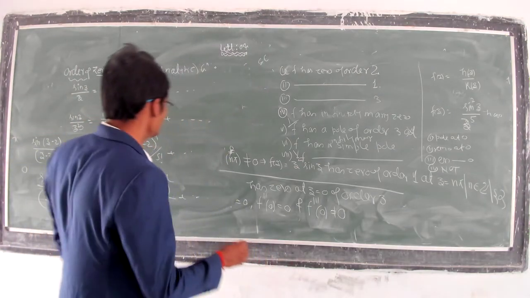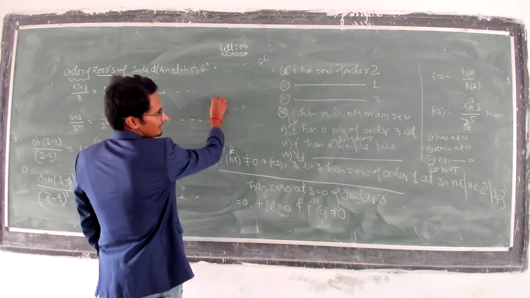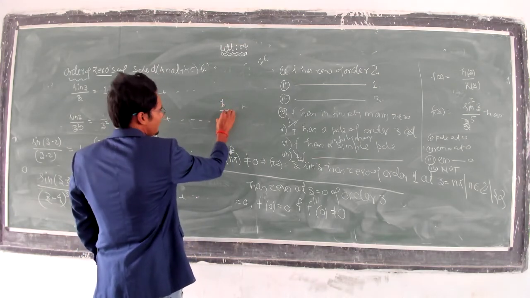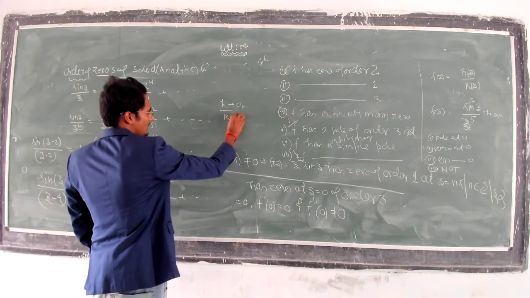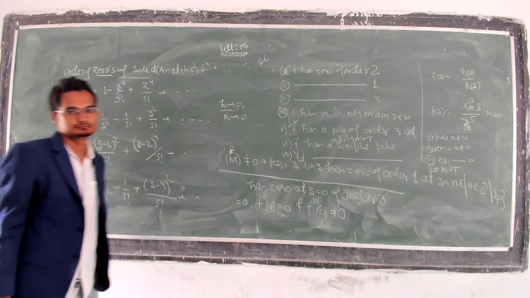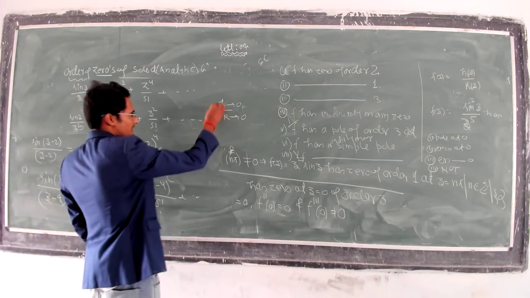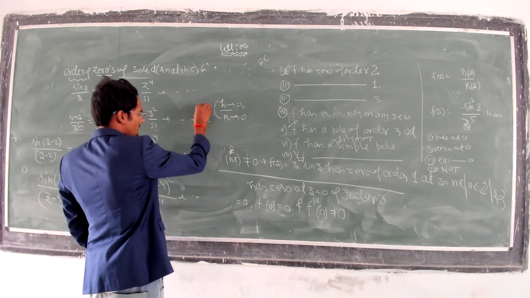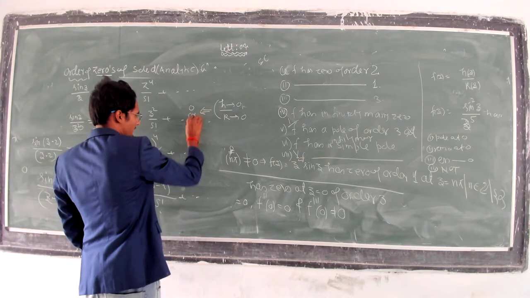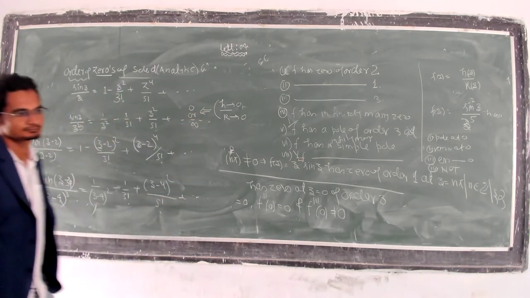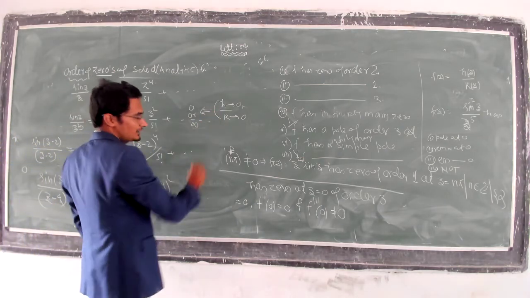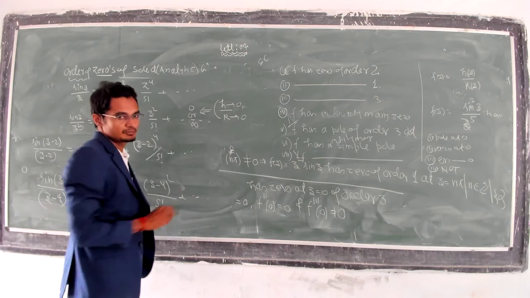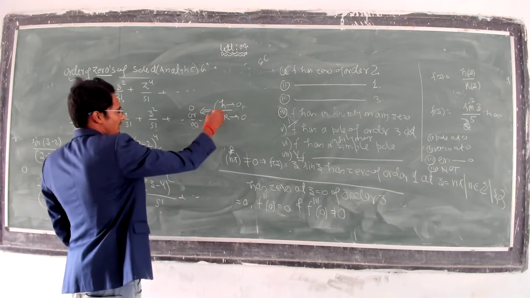So you tell me one thing, if I have a function h over k, this is also tending to 0, this is also tending to 0. What can you say, the whole function tending to 0 or infinity? The answer will be, it will depend on the speed.